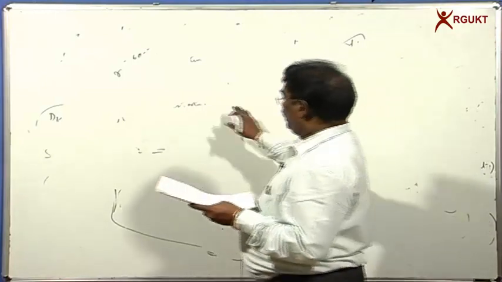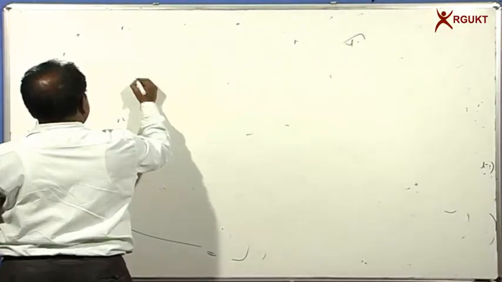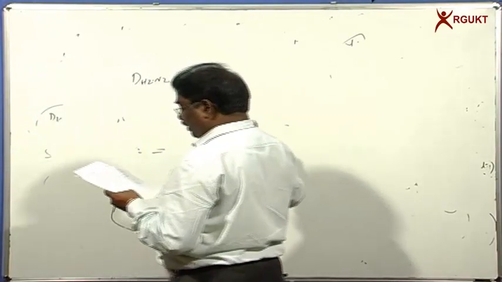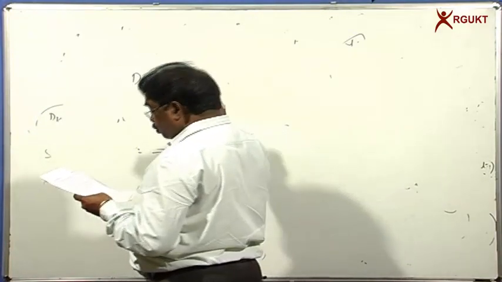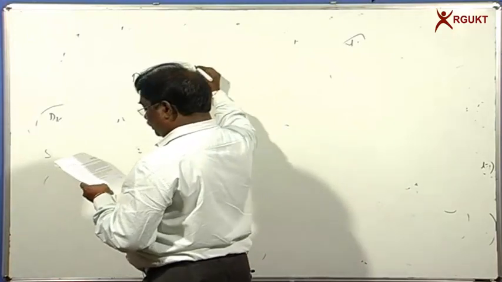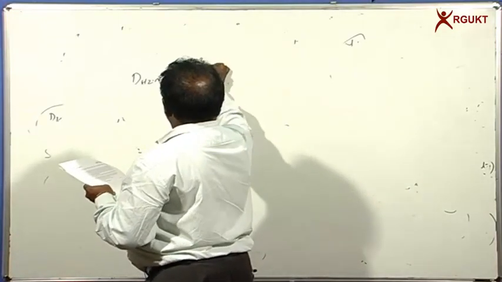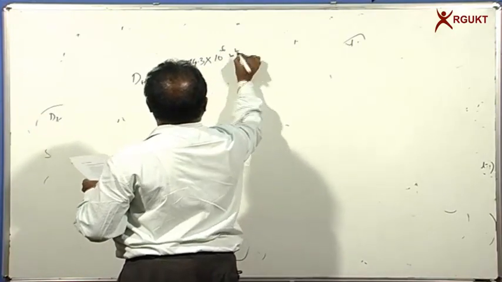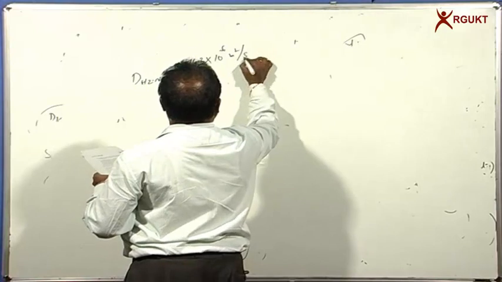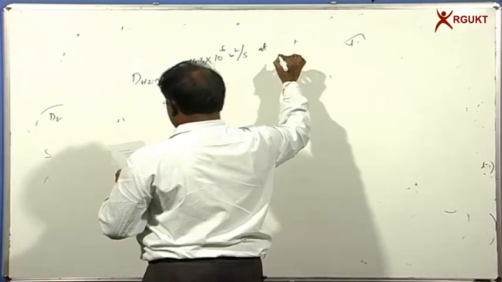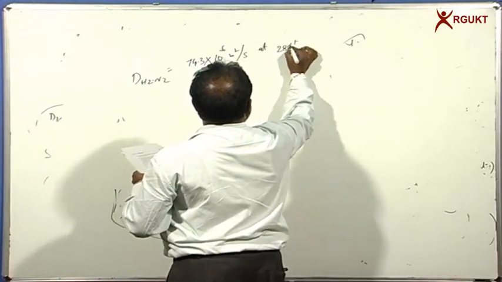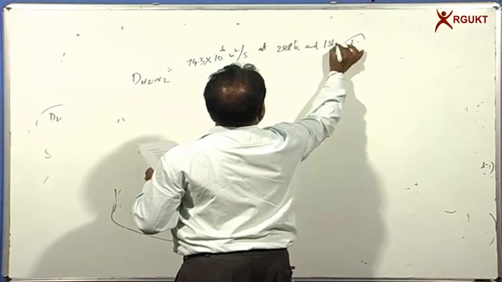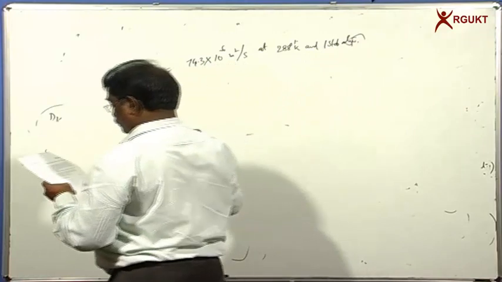Here it is given as D_H2N2, diffusivity of hydrogen through nitrogen, is 74.3 into 10 power minus 6 meter square per second at 288 degrees Kelvin and 1 standard atmosphere.